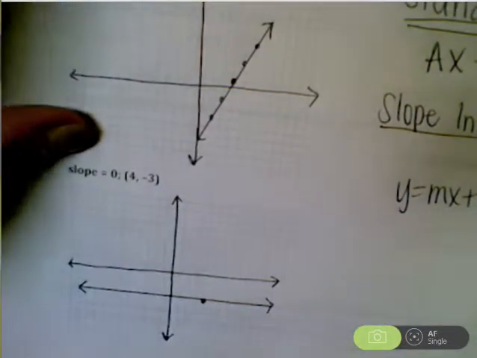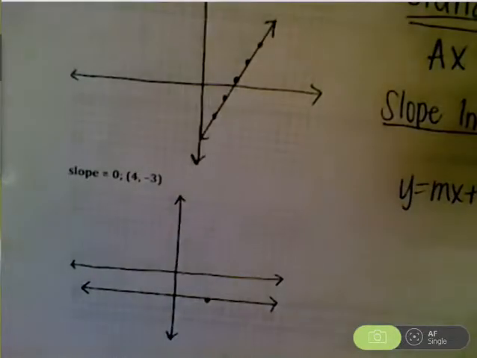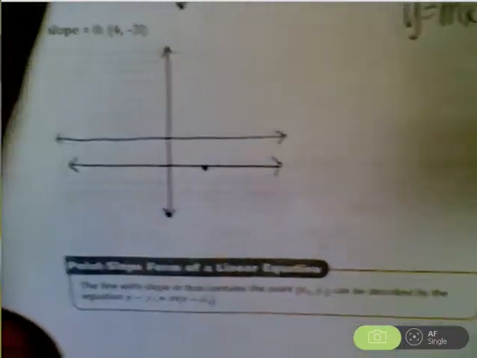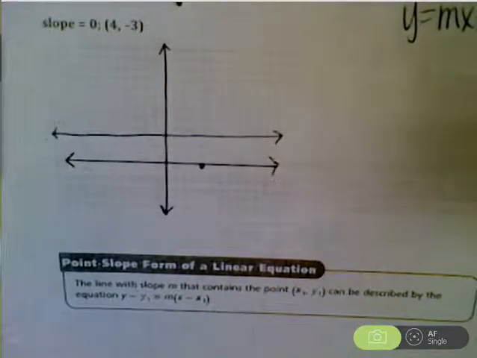All right, now that's pretty much just a review. We've already done that before. Let's look at this new form that we're going to learn today. Point-slope form of a linear equation. The line with the slope m that contains the point x1, y1 can be described by the equation y minus y1 equals m times x minus x1.